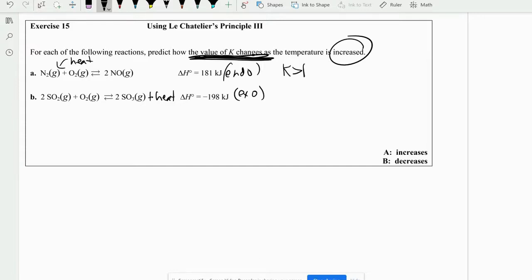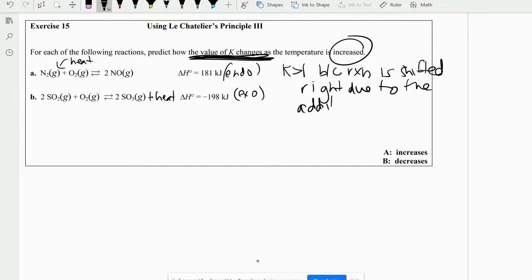K is going to increase because the reaction is shifted right due to the addition of heat on the reactant side. So I predict that K would get larger for the first one.